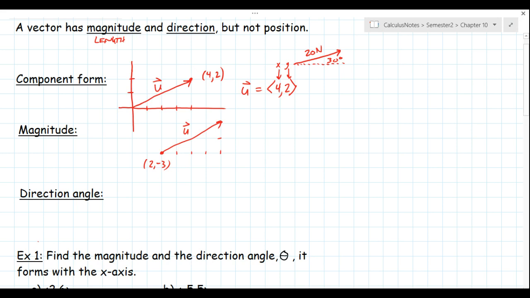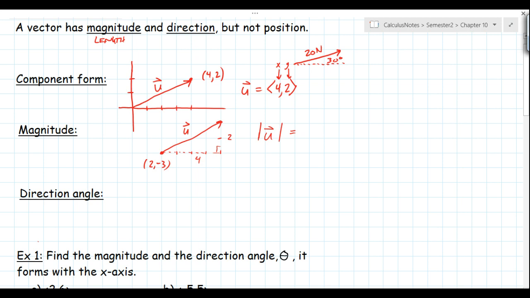The magnitude of a vector is just its length. So for this vector u, to find out how long it is, if we're going 4 units in the x direction and 2 units in the y direction, we've created a right triangle, so we can just use the Pythagorean theorem to find the magnitude. We use vertical bars that look just like absolute value bars to denote the magnitude of a vector.